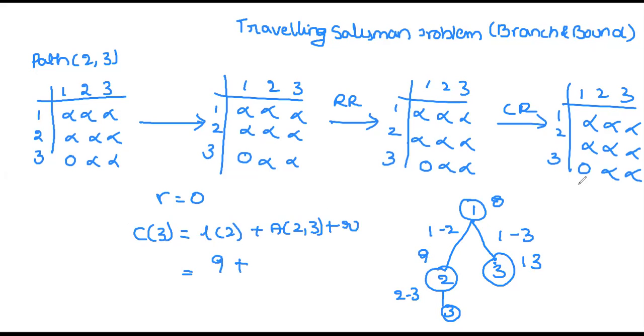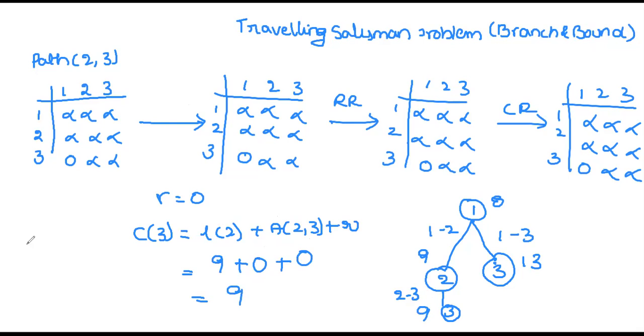A of 2, 3: second row, third column in this matrix. We will take it as 0, and the row reduction is 0. That's why the total cost is 9. So here the lower bound of this one is 9.